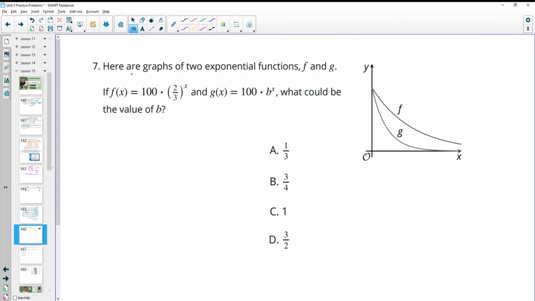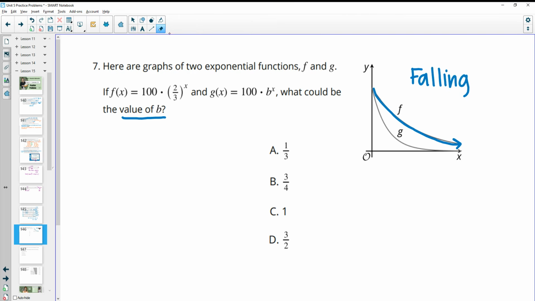Number 7, here are graphs of two exponential functions, f and g. If f of x is 100 times 2/3 to the x, and g of x is 100 times b to the x, what could the value of b be? So which of these would make sense? So now we know that f is above g, okay? So this means these are decreasing, right?